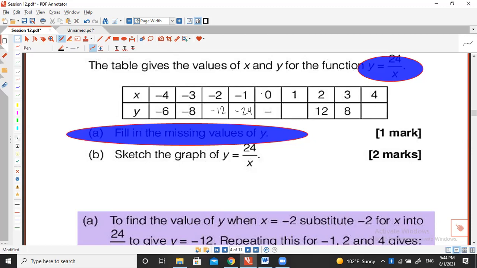For 0 he put a dash. Why did he put a dash here? Because you cannot divide by 0. If you divide any number by 0 in the calculator, it gives you an error. Then 1 gives 24, 4 gives 6. Okay, so that is the answer.